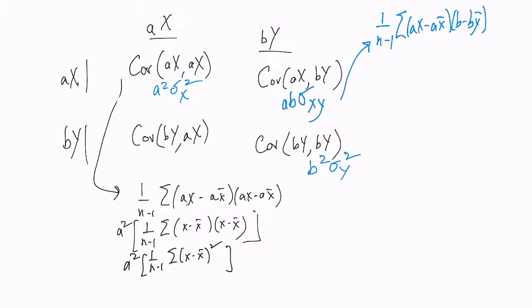And then you can see I would take an A out of here and a B out of here, and then it would leave the covariance term. That's the covariance term, and we put that in symbols in Greek letters.